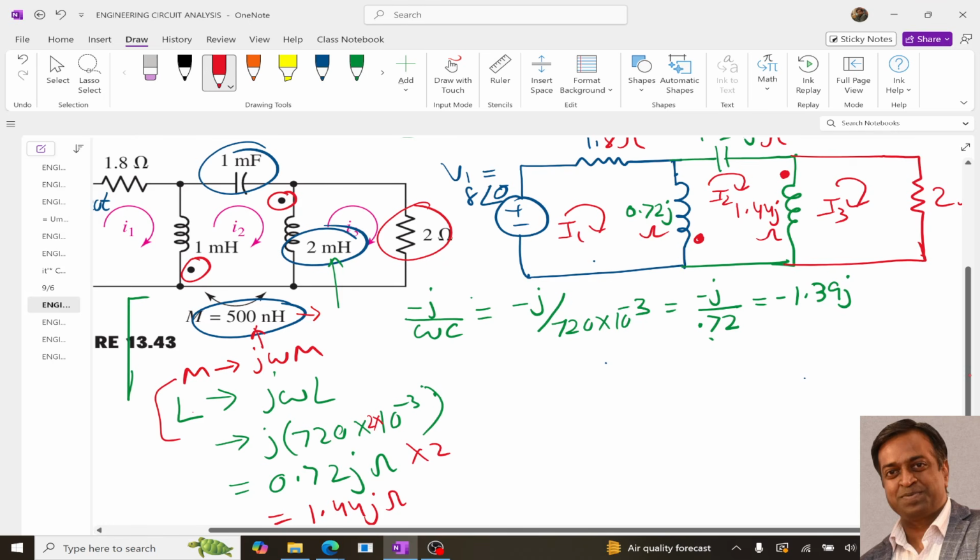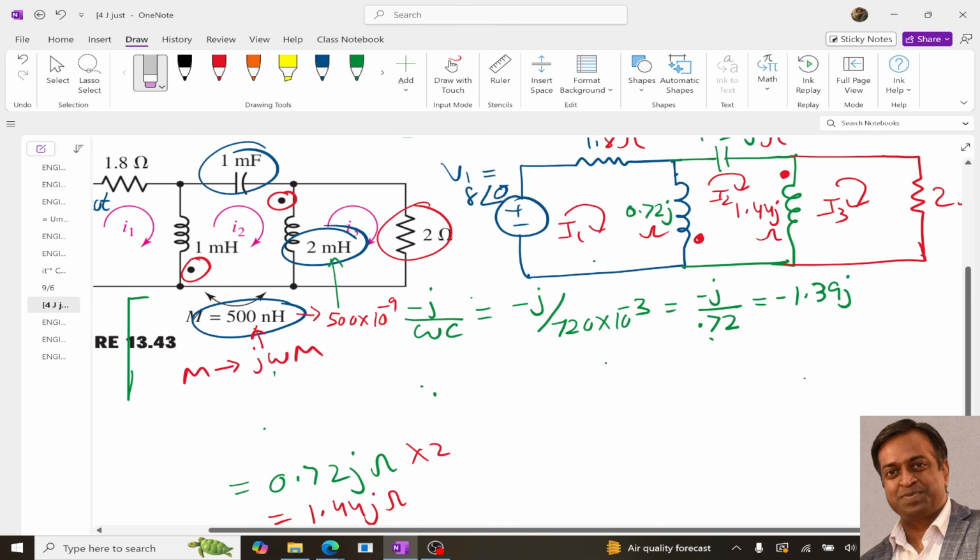M is 500 into 10 power minus 9, right? So substituting it over here, we get j 720 into 500 into 10 power minus 9.